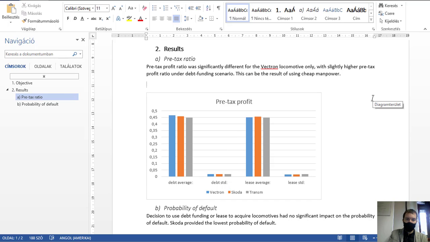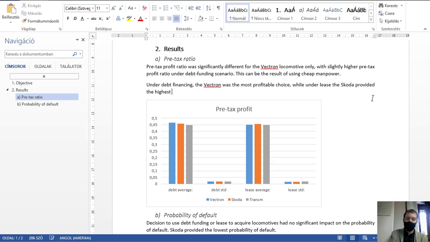So under debt financing, the Vectron was the most profitable choice, while under lease, the Skoda provided the highest profit. Nice.